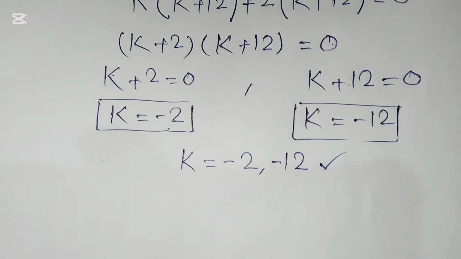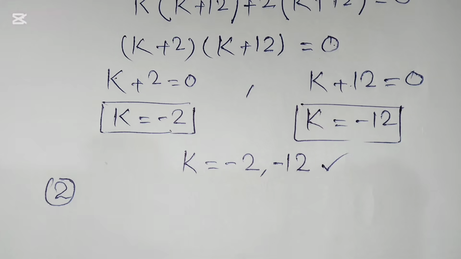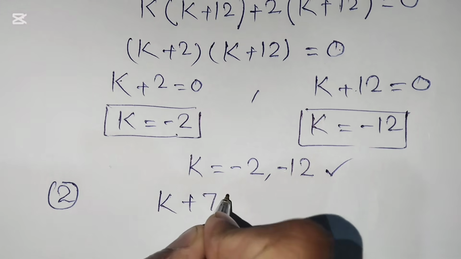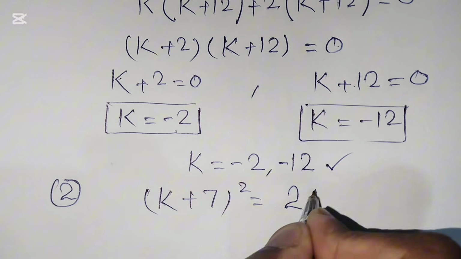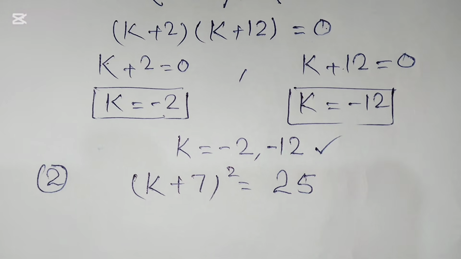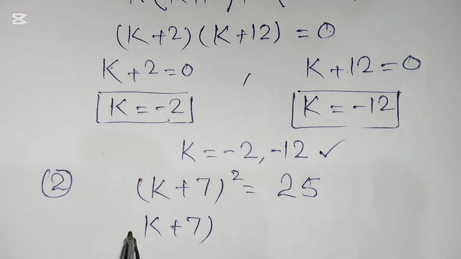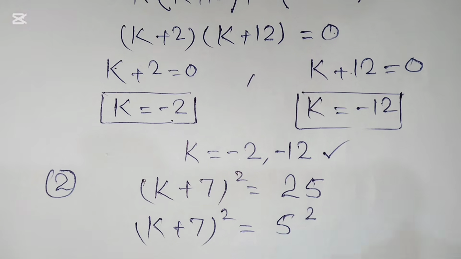Now we move to method number 2. We have (k + 7) whole square is equal to 25. We can write 25 as basically 5 square.